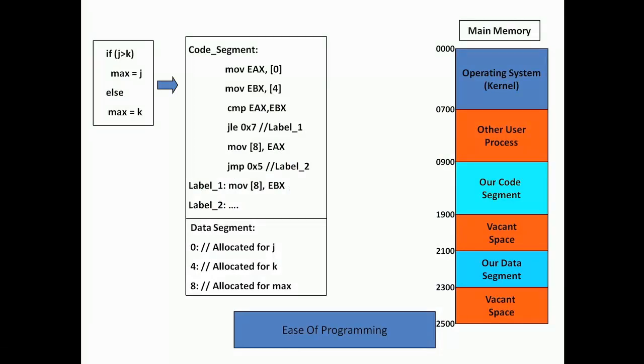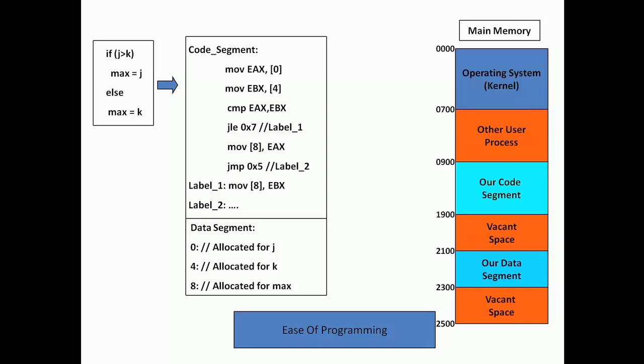You got this, right? That 7 bytes would be that label 1. So, if EAX is less than or equal to EBX, or j is less than or equal to k, then the JLE will be taken, and 0x, which stands for hexadecimal, 7 is 7, it will jump to this label 1.